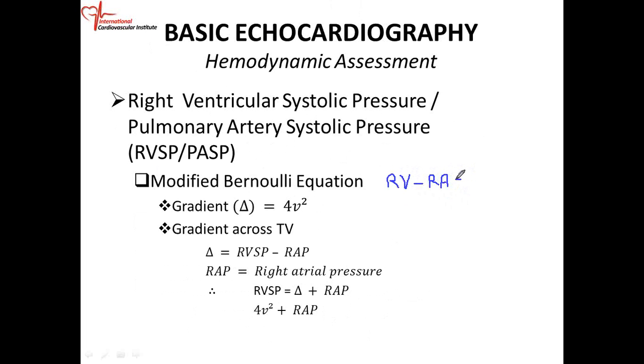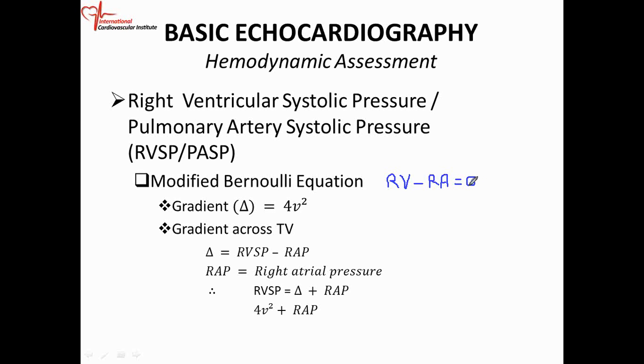That makes sense because the pressure difference is the gradient. And because blood is flowing from the RV across the tricuspid valve into the right atrium, the pressure in the RV is greater. So the pressure difference, systolic, because it's a systolic phenomenon: the RV systolic pressure minus the RA systolic pressure is equal to the gradient.